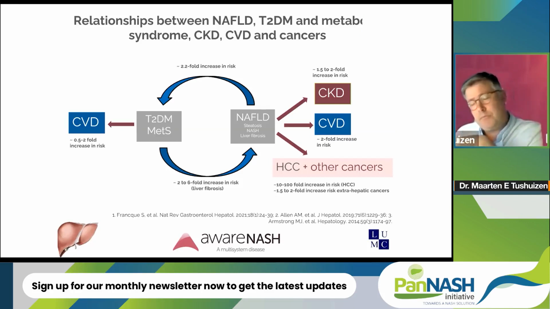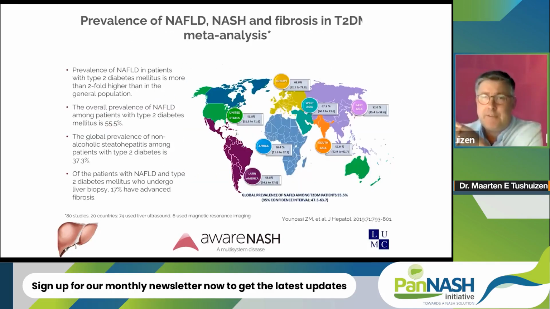I will demonstrate the prevalence of NAFLD and fibrosis in type 2 diabetes, because this is very important. For instance, in the Netherlands, we have over 1.2 million patients with type 2 diabetes.